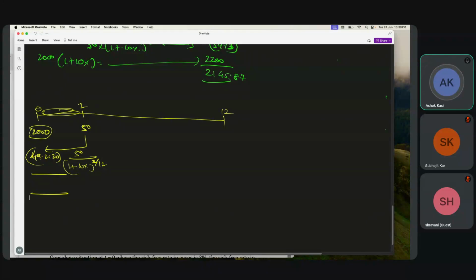2000 minus 49.2120 is 1950.788. This is the pure amount, without the effect of 50. Now you compound this for 12 months, that is 1 year, raised to 1.